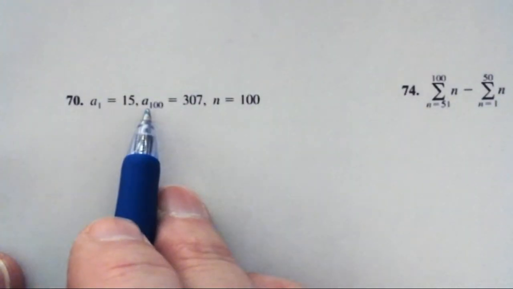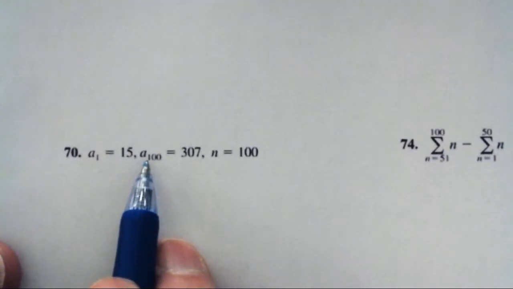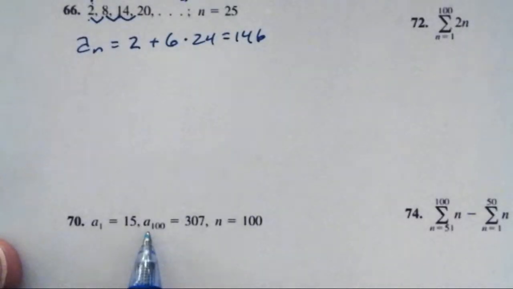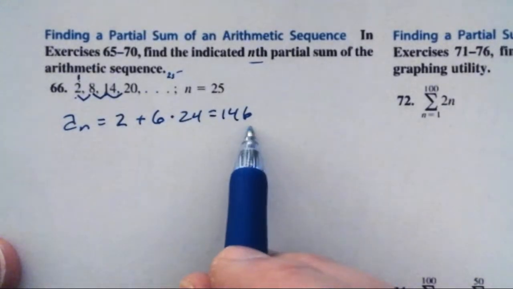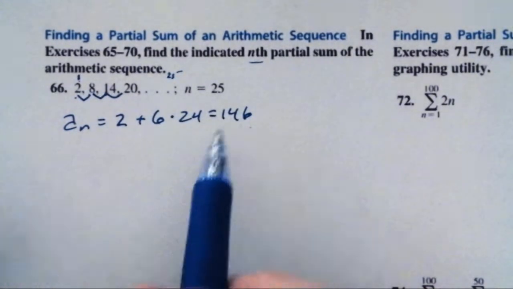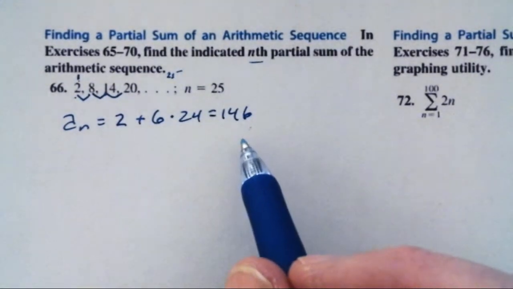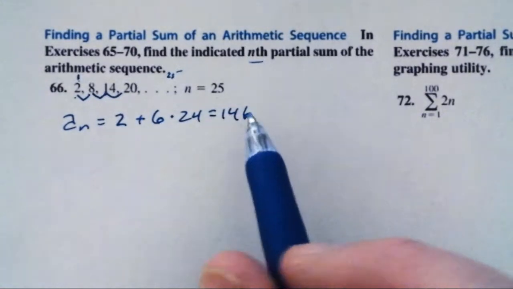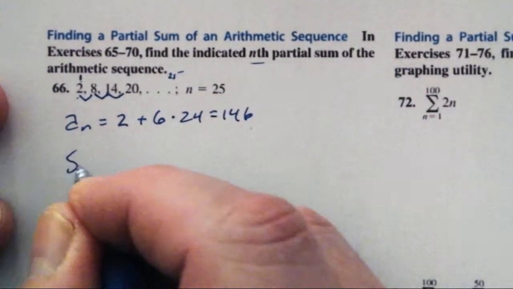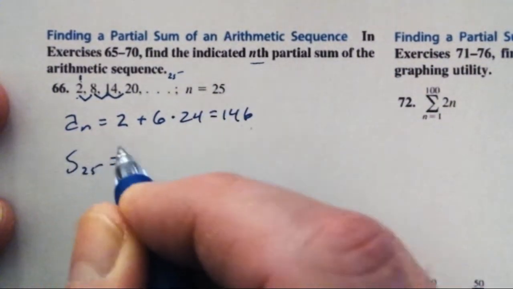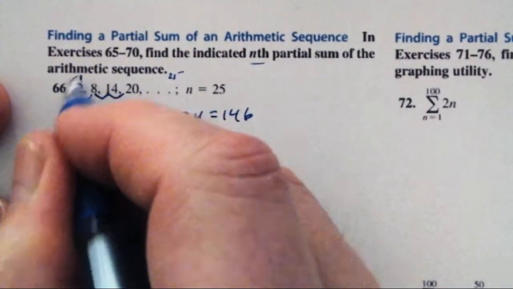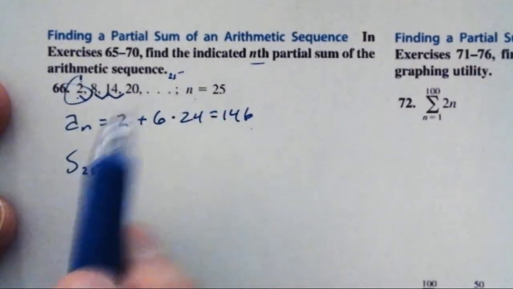Find the sum of these first, or not the sum, we're finding the 100th term. Oh, we're to find the sum. You know what? I just found the last term, and I actually need the last term. I'm sorry, they're asking for the sum. So we need S25. Well, that equals first term, 2, plus last term, 146, over 2 times the 25.